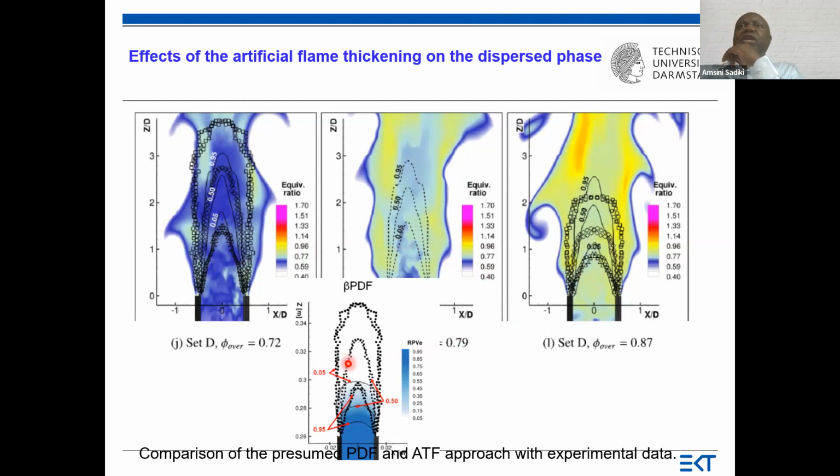But here we would like to compare what we obtain using the RTF and using the beta PDF. So using the beta PDF, we see the results, these are experimental results for different isosurfaces. And here we see that we do not have a very good agreement at all with this position of the flame.